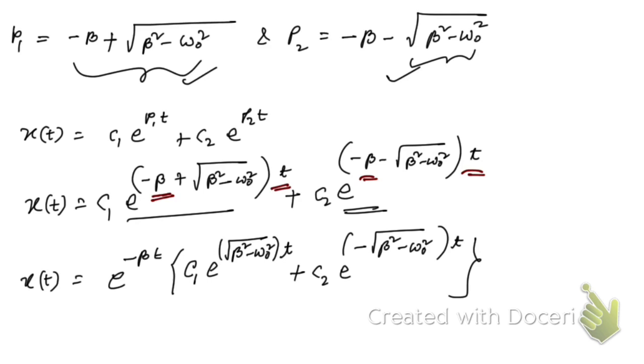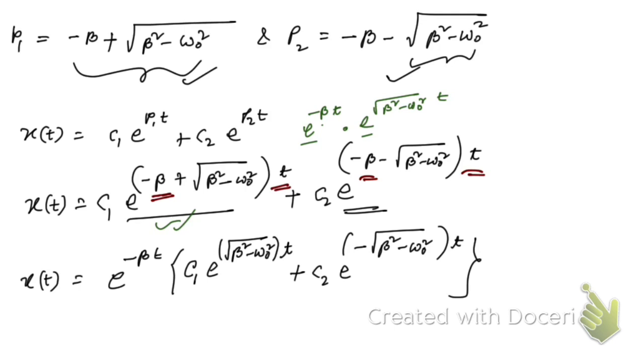Now in this case, this can be written this way: e to the power minus beta t, then plus root over beta square minus omega naught square into t. Similarly here we have plus. So we can write it as a product of these two, using the laws of index.